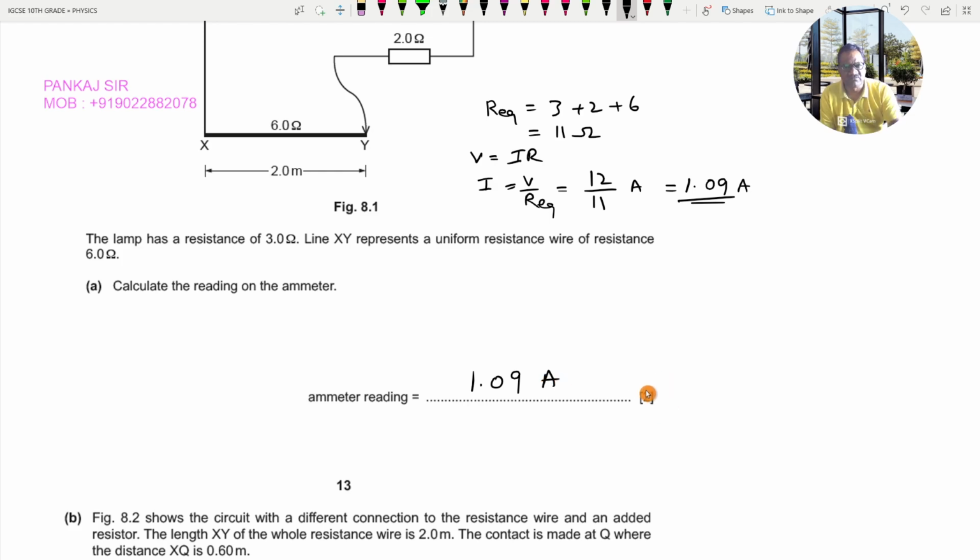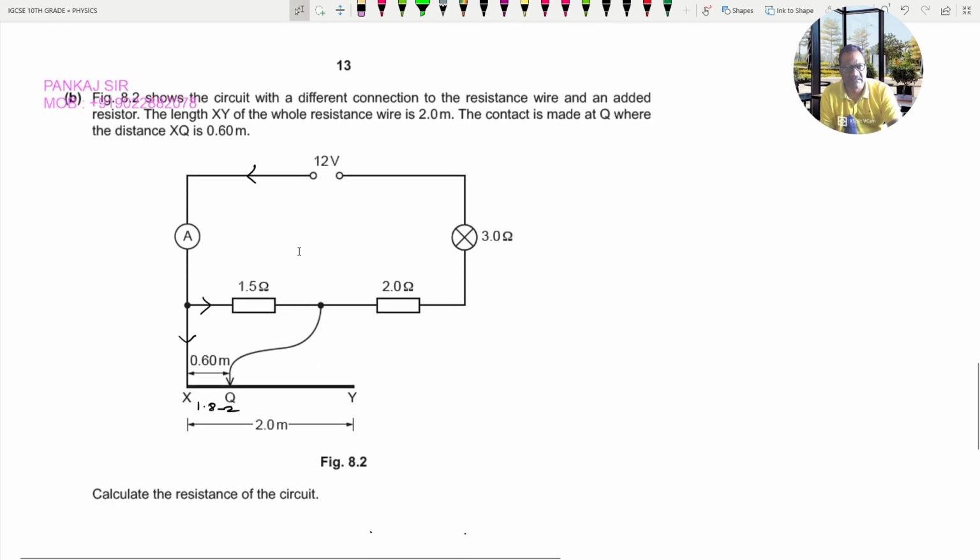Now let us move on to subquestion B. Subquestion B says that figure 8.2, another figure, shows the circuit with a different connection to the resistance wire and an added resistor. The length XY of the whole resistance wire is 2 meter.